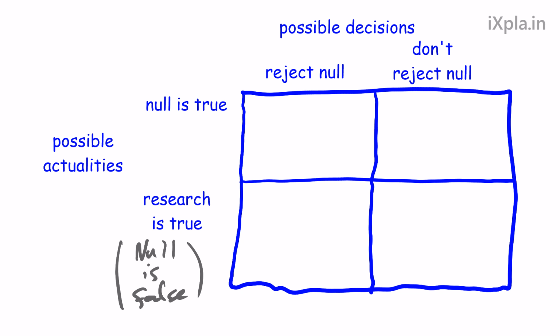The first cell right here: what's the term that fits in that cell? If the null is actually true, but you reject the null, what term goes in there? That would be a type 1 error.